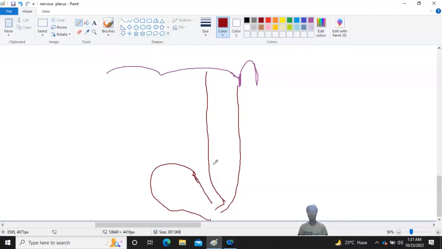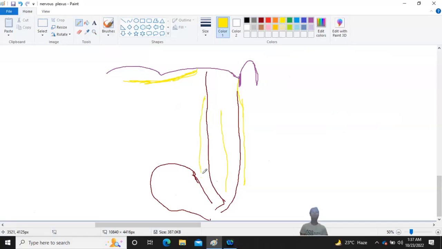Then we draw these branches from above, from the diaphragm. We know the subcostal nerves come. This is the subcostal nerve. Then one nerve is medial to the psoas major. This is called the obturator nerve. One nerve pierces the psoas major and comes out anteriorly. This is called the genitofemoral nerve. One nerve is the femoral nerve, lateral.